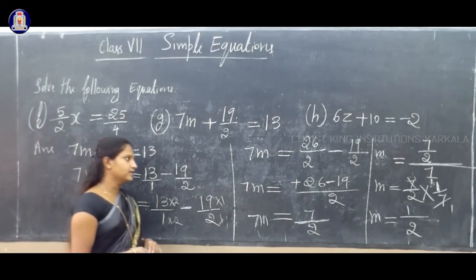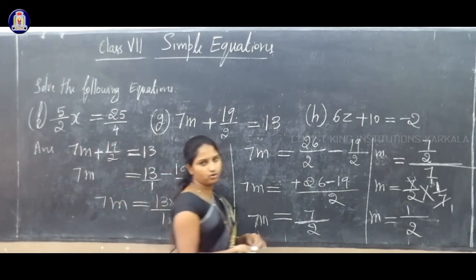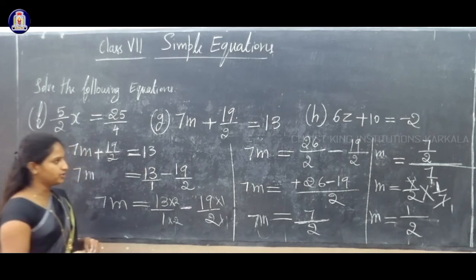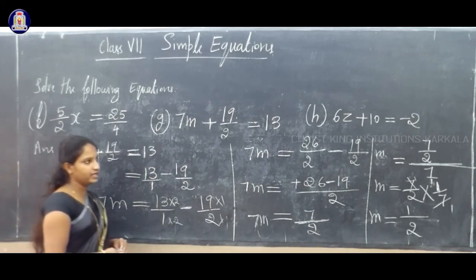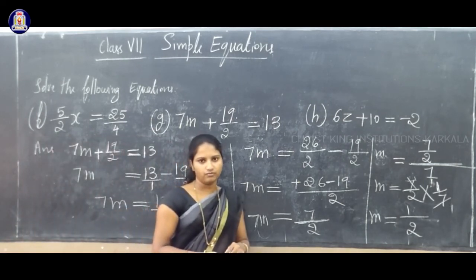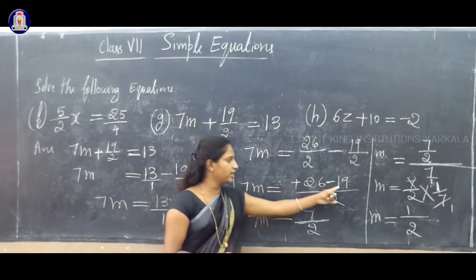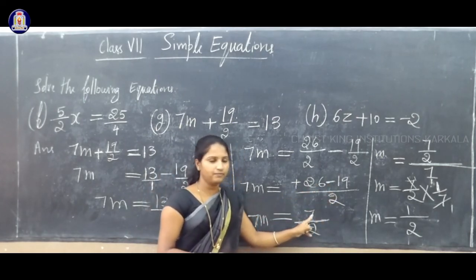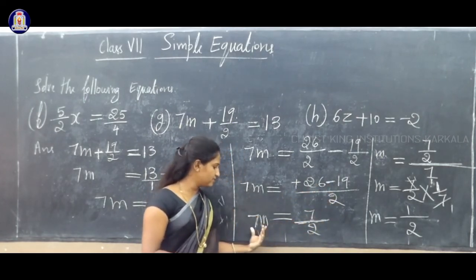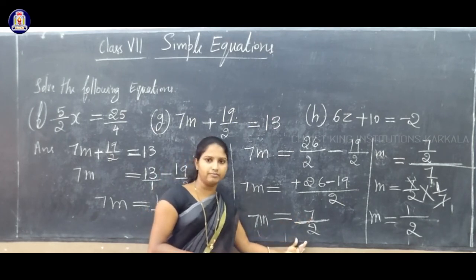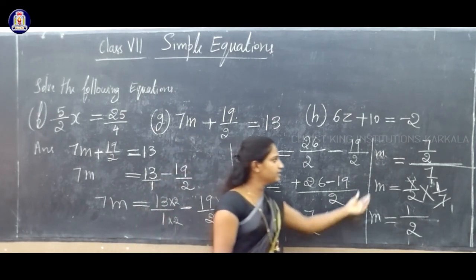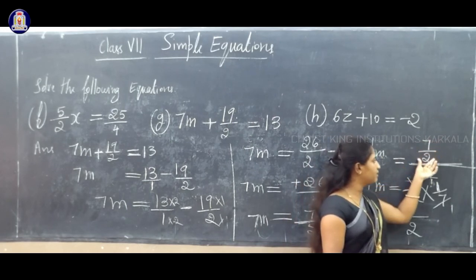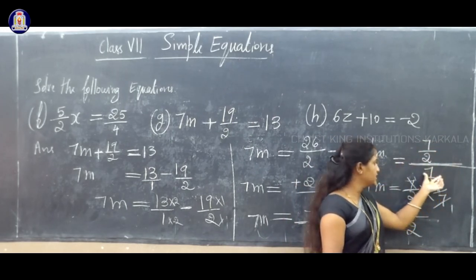So we get 7m is equal to 26 by 2 minus 19 by 2. If you subtract 26 minus 19, we get 7. So 7m is equal to 7 by 2. Therefore, m is equal to 7 by 2 whole divided by 7.